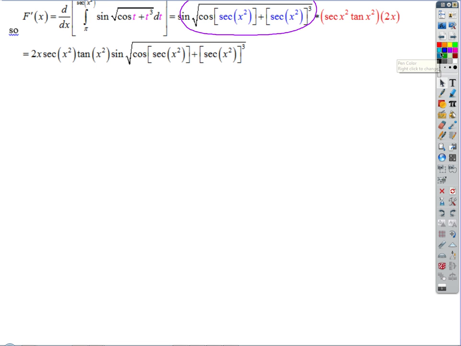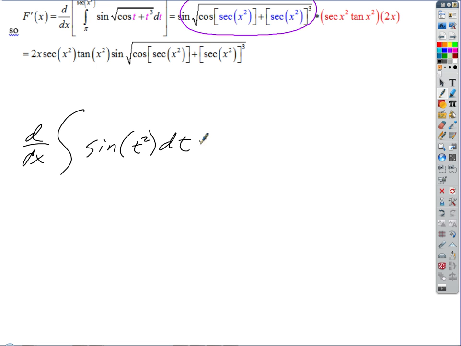What if we wanted to take the derivative with respect to x of the integral of, let's just say, sine x squared, oops, make it t, how about? It could be x, but we'll make it t. From negative 11 up to x cubed.